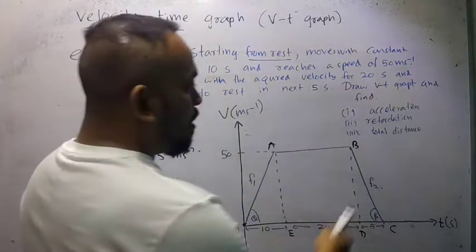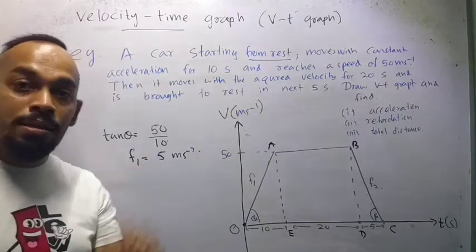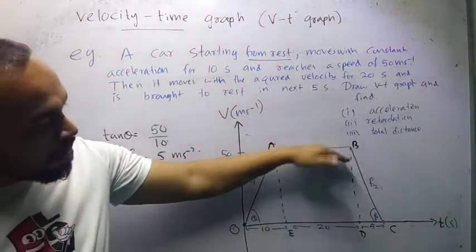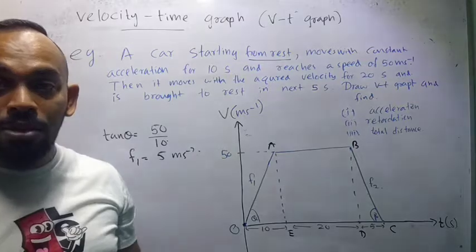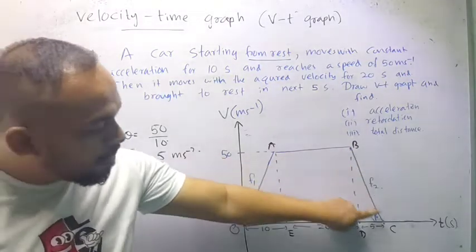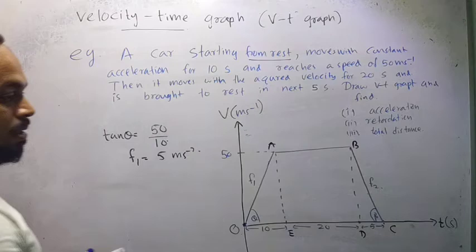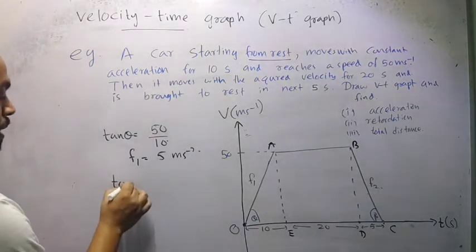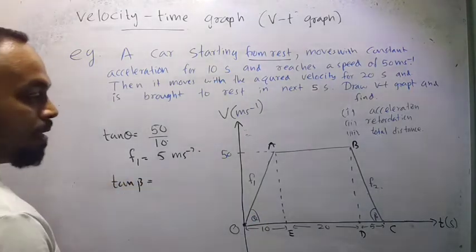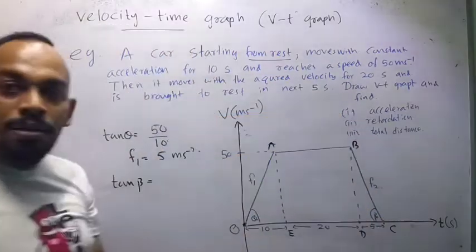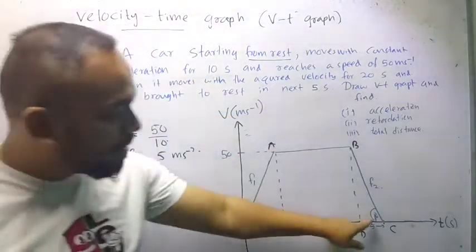Next, retardation. Retardation means deceleration. Where does retardation occur? This is uniform velocity. This is uniform deceleration or retardation. For F2, again we have to consider the slope. Let's call it tan beta. Tan beta is, take this triangle. This is a right angle triangle. Tan beta.